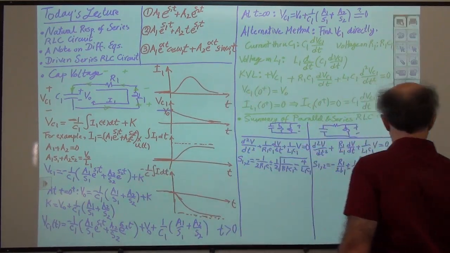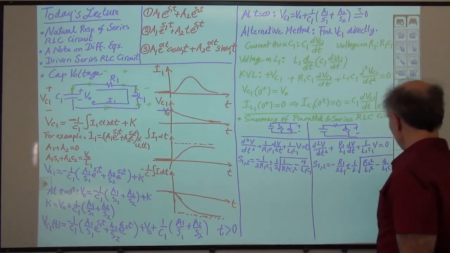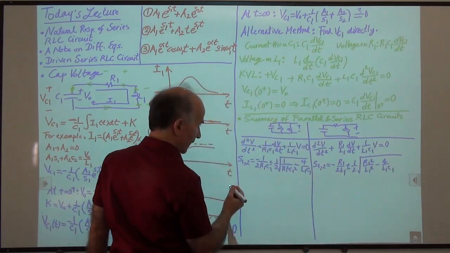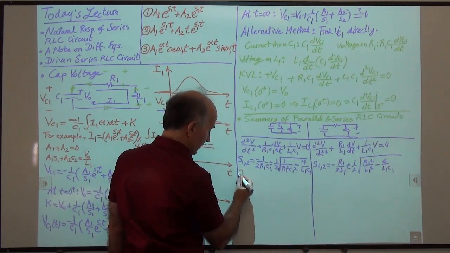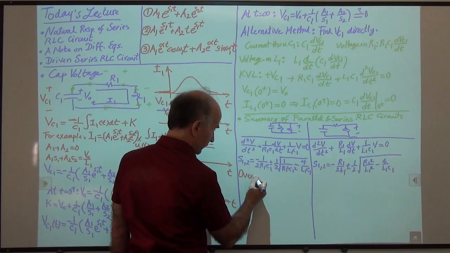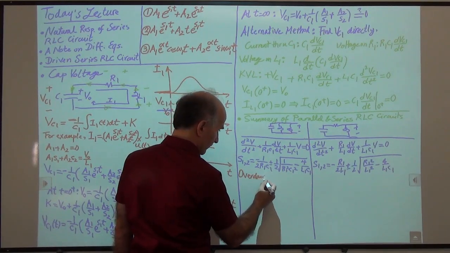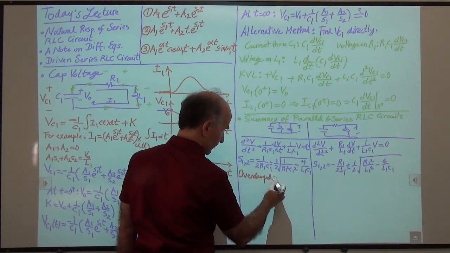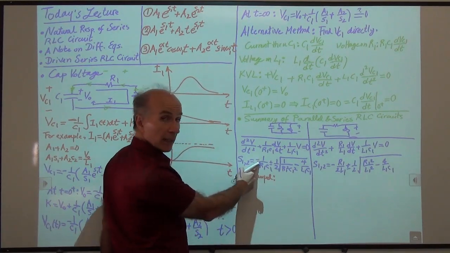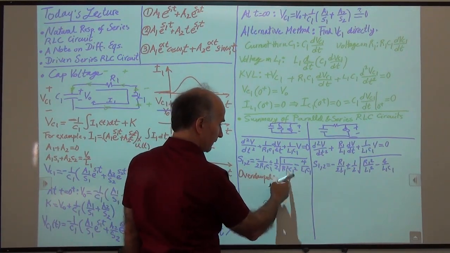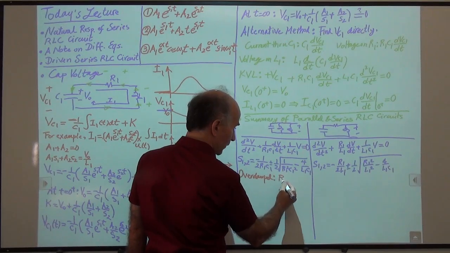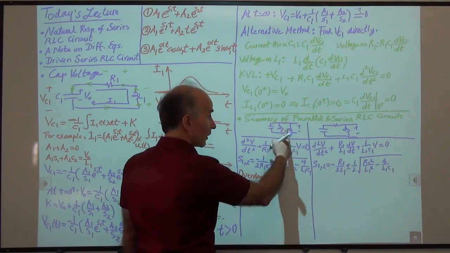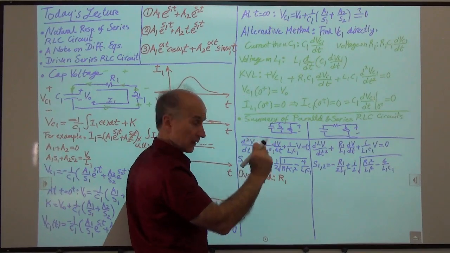So let me change the color of my pen here. Okay, so we say we have an overdamped response. For this guy, it has to be such that this is positive, and that turned out to be R1 has to be small enough so that it kills the oscillation.